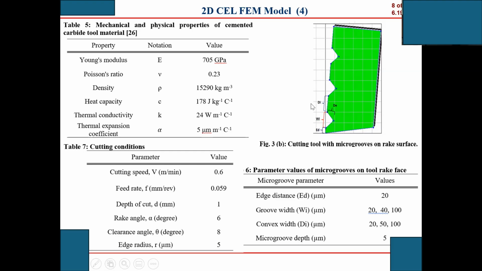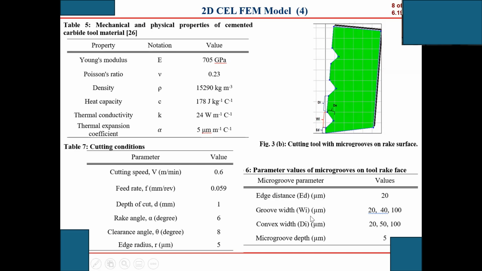It turns out that when the chip moves along the rake face, these micro grooves will reduce the friction. We will reduce the friction, the energy consumption, and also the cutting forces will be reduced substantially. So that is the significance of using micro groove cutting tools.